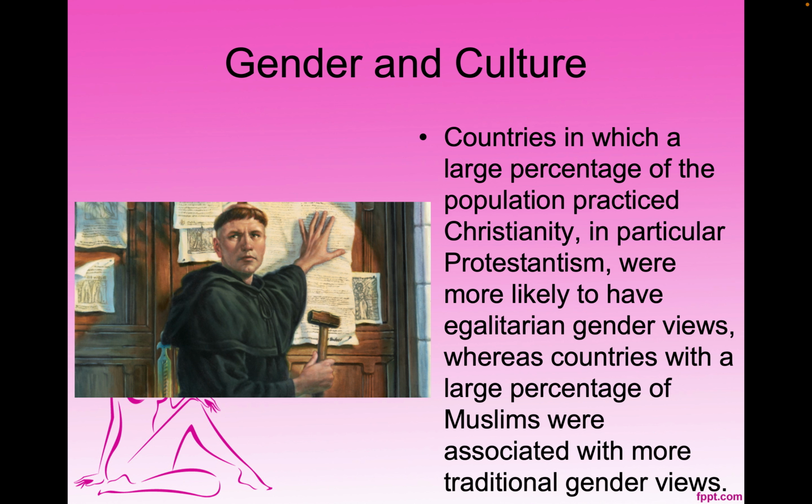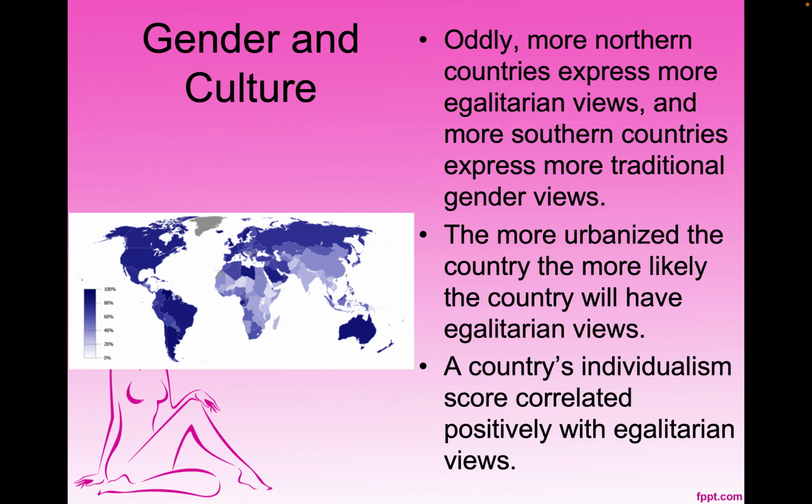Countries in which large percentages of the population practice Christianity, in particular Protestantism, were more likely to have egalitarian gender views, whereas countries with a large percentage of Muslims were associated with more traditional gender views. And this is, of course, Martin Luther hammering the 95 theses on the basilica at Worms in Germany.